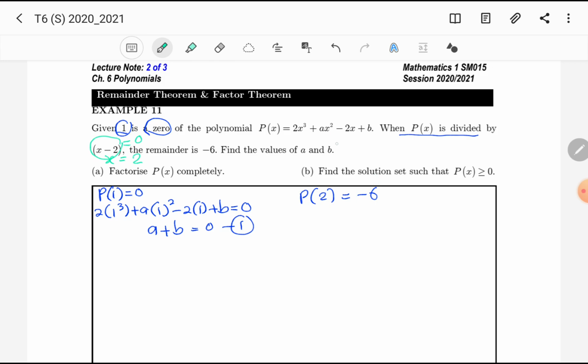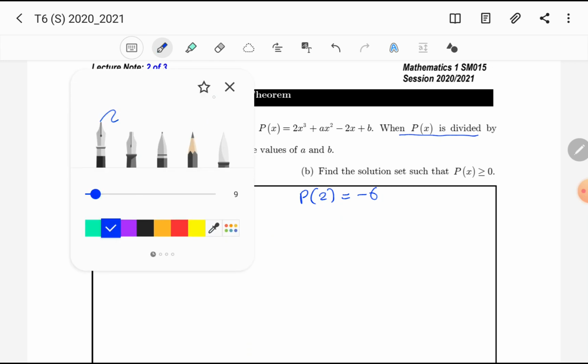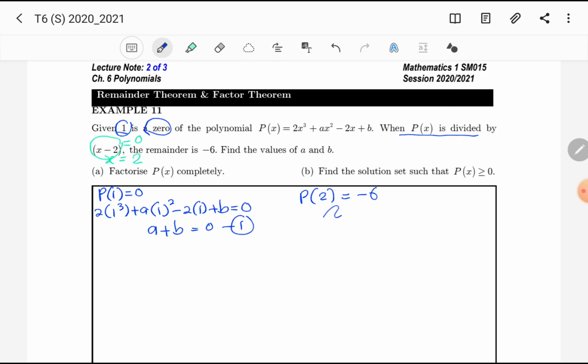Okay, we substitute 2 into the polynomial. Okay, so kita akan dapat 2 times 2 cube plus A times 2 squared minus 2 times 2 plus B equals to negative 6. So kalau awak kira, awak tekan kalkulator elok-elok, so awak akan dapat 4A plus B equals to negative 18.